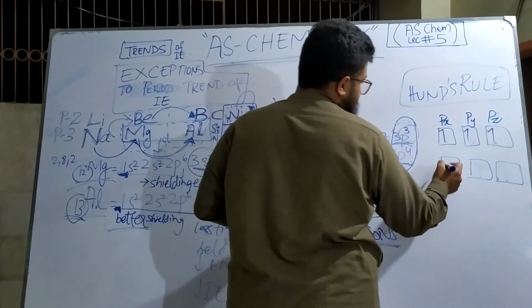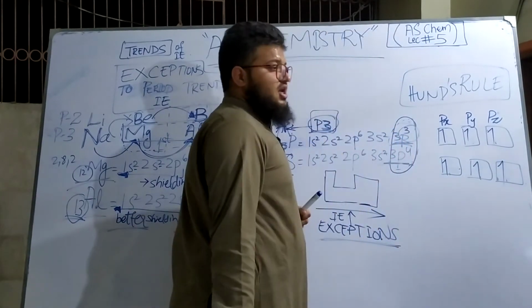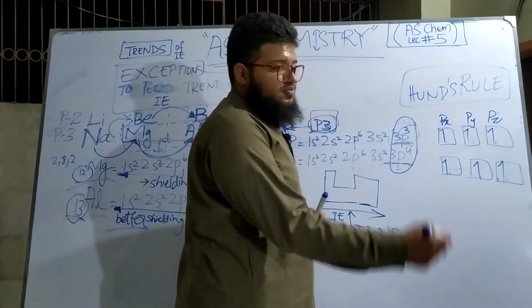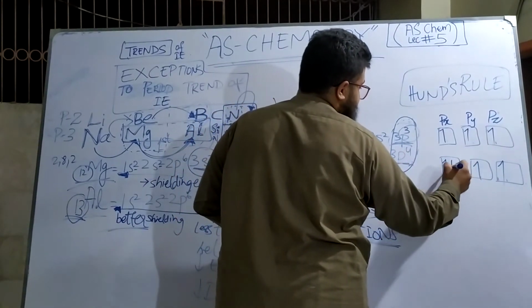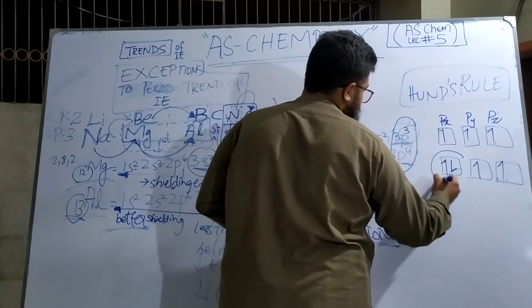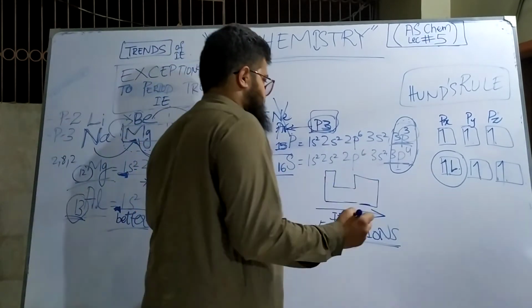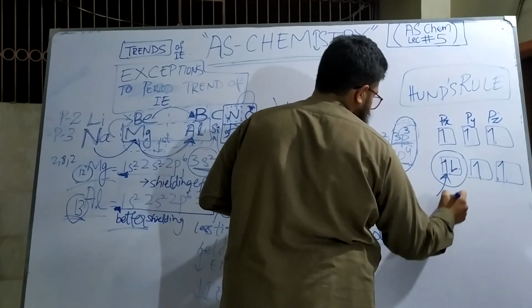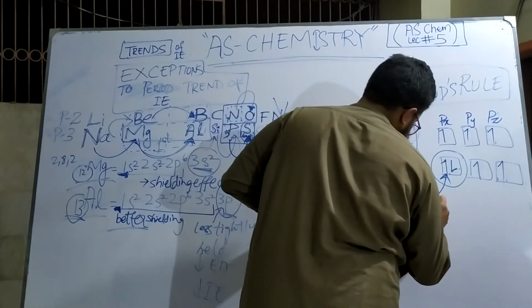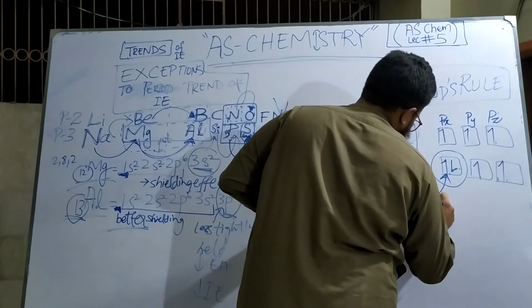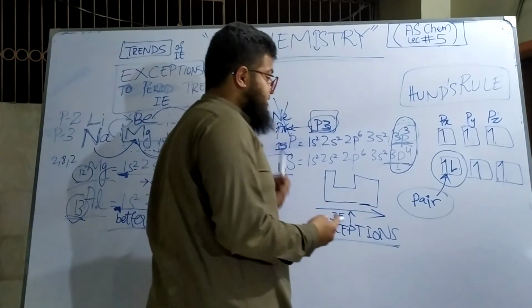In this case, the first 3 electrons will take all the 3 orbitals. Now for the 4th electron there is no space left, so now pairing would occur, and so a pair of electrons is formed.